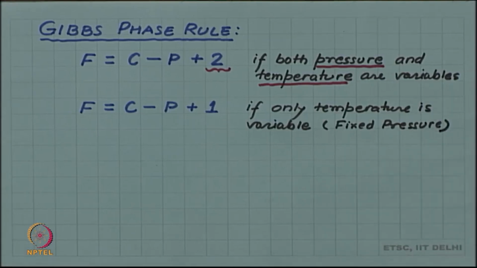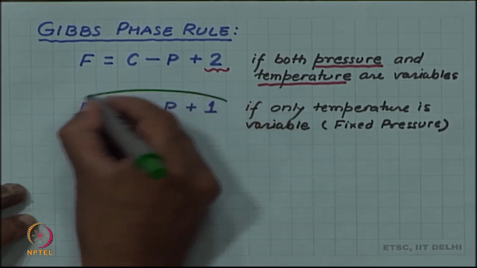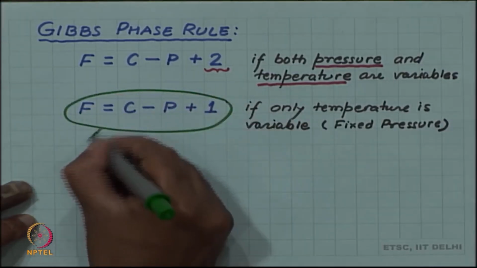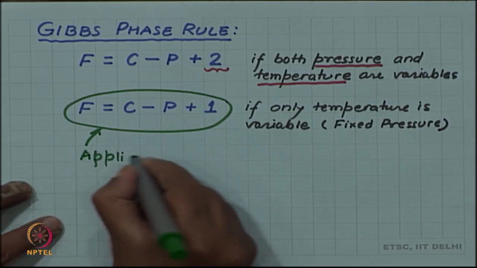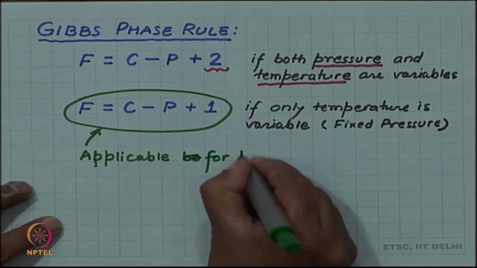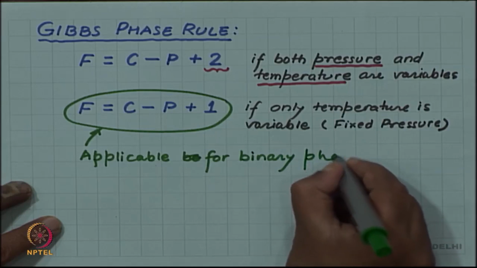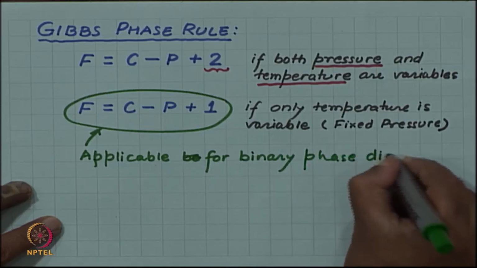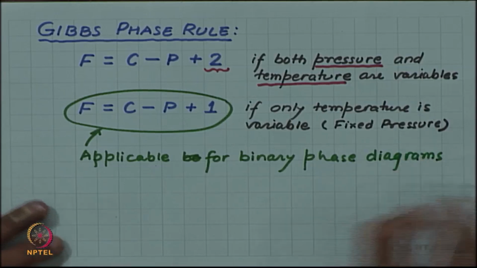So, in fact, this is the binary phase diagram which we have considered. This is the law applicable for phase diagrams.